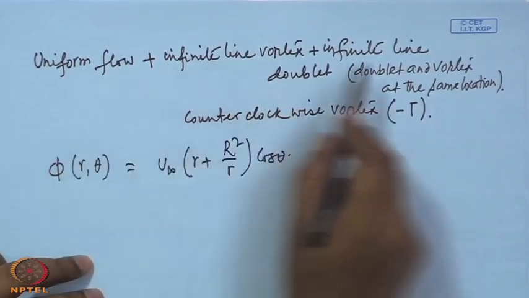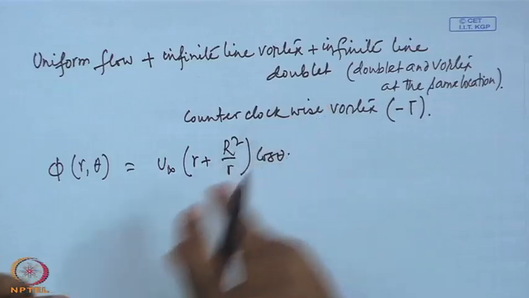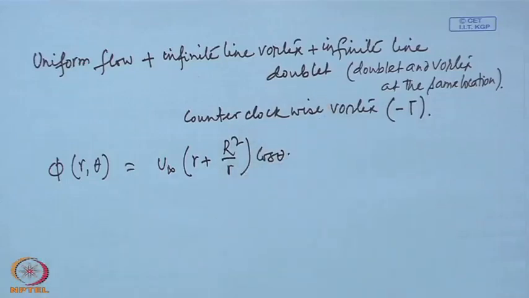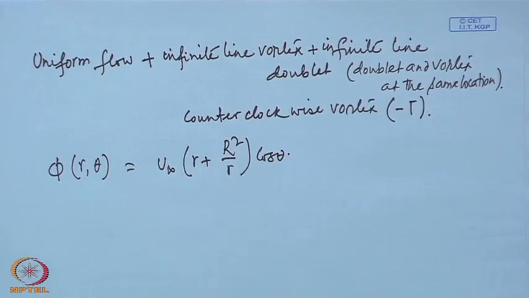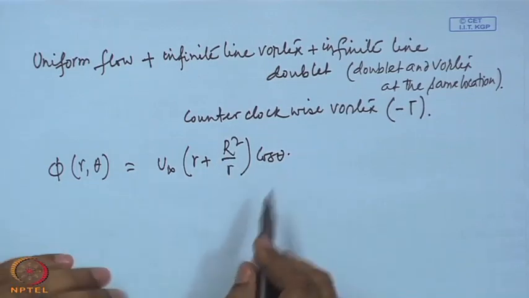This is uniform flow plus infinite line doublet, representing a cylinder of radius r.